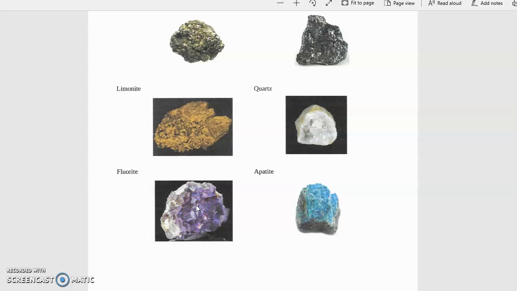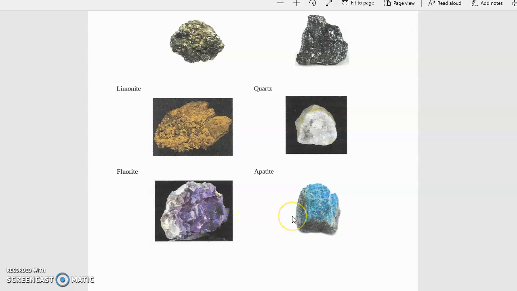The hardness is only a 4, but it breaks off in a very specific octahedral type of structure when you try to break it. And this is quite brittle. This is a brittle rock, so it's hard, but it's brittle.